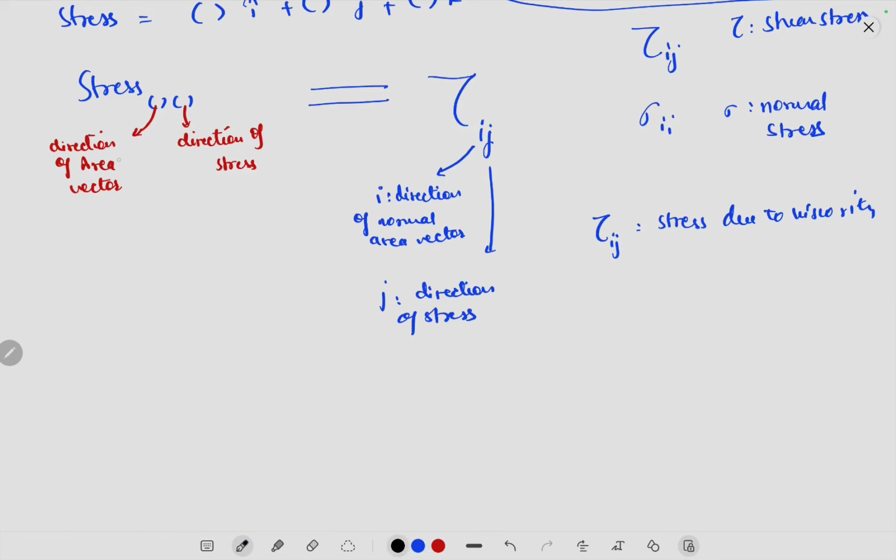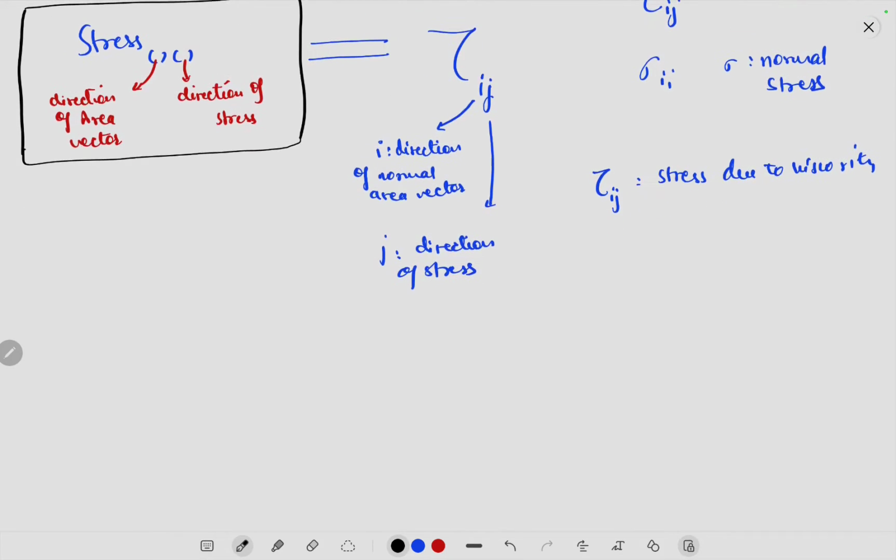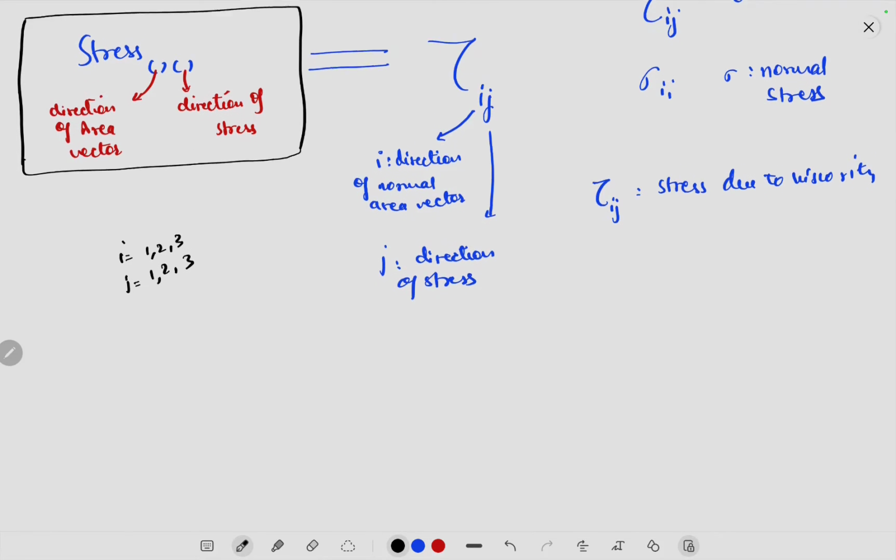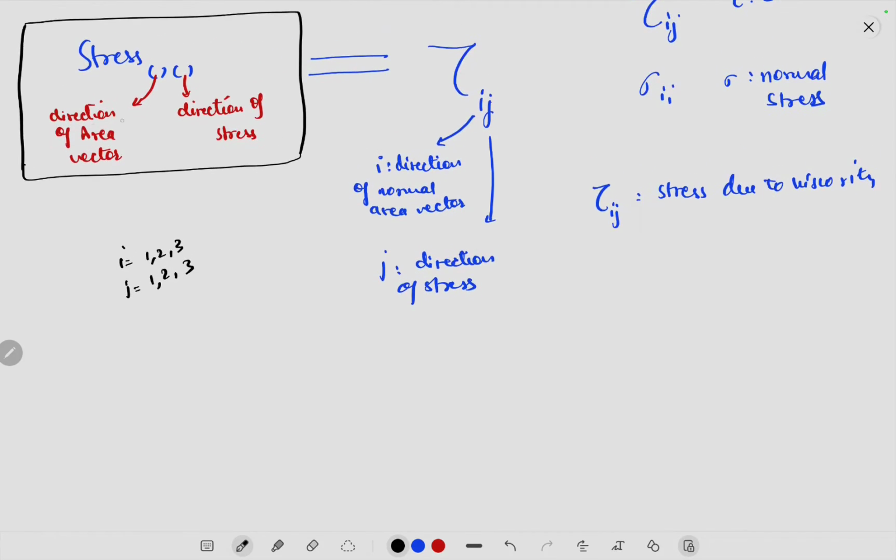Now let me tell you that for physical quantities that require two subscripts, where i goes from 1 to 3 and j goes from 1 to 3, in total I'll have 9 components of this quantity.